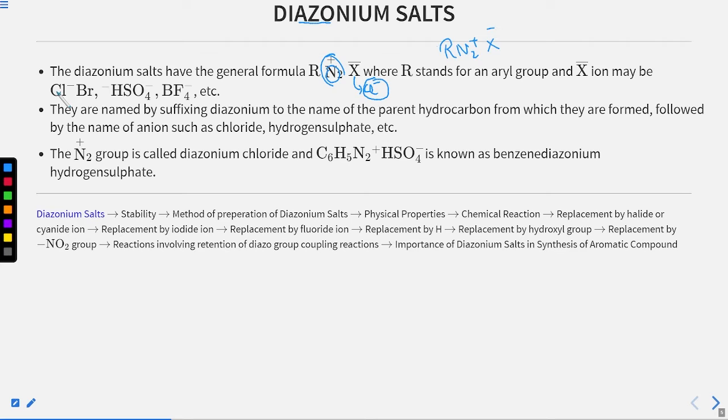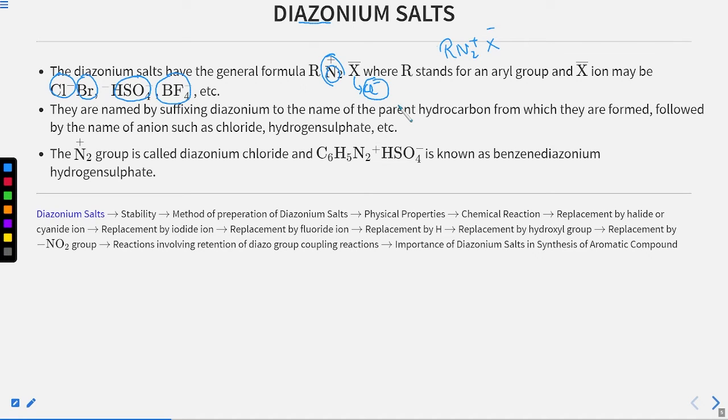Starting from Cl minus, this is called diazonium chloride, then diazonium bromide. We can have HSO4 minus, which will be named diazonium hydrogen sulfate, or it can be fluoroborate. So we can have a variety of diazonium salts. Do not limit your vision in case of diazonium salt to chloride only. There are many more other than diazonium chloride.